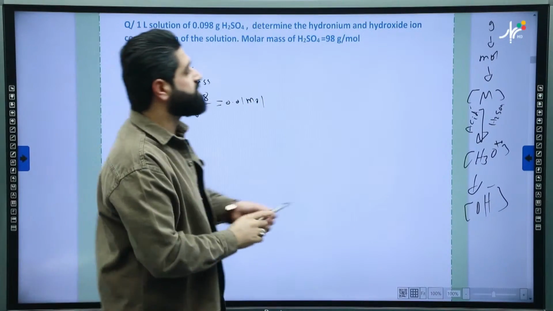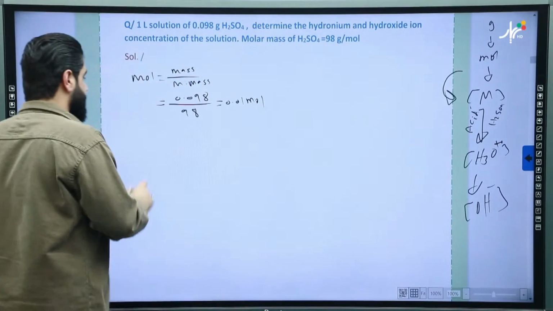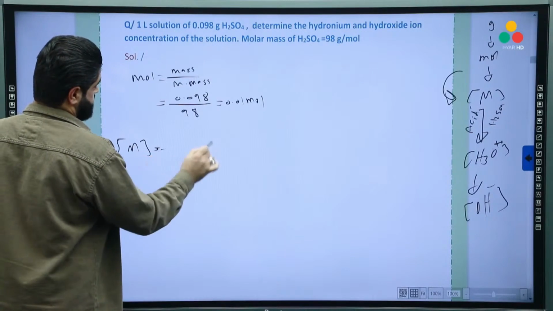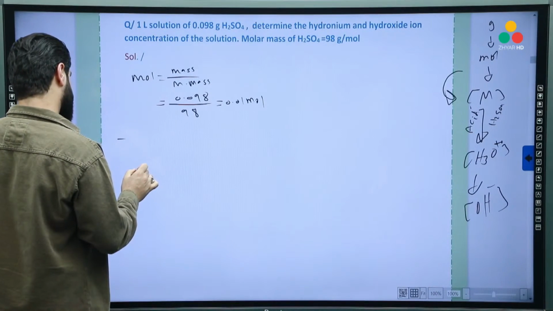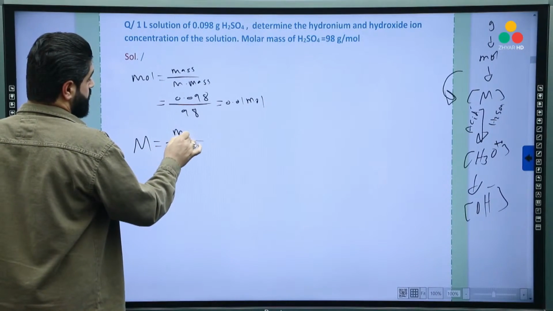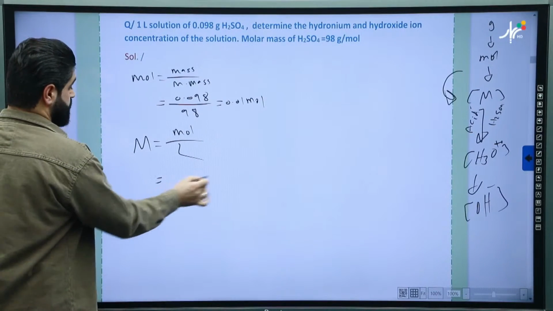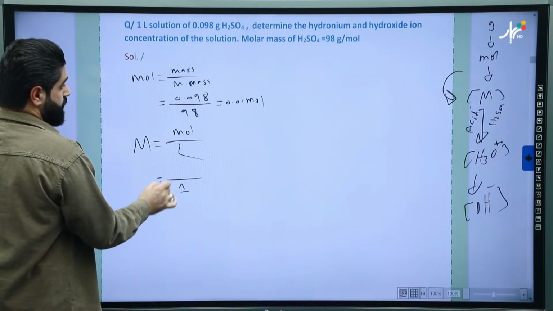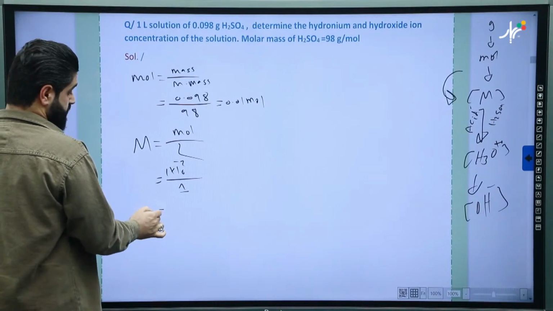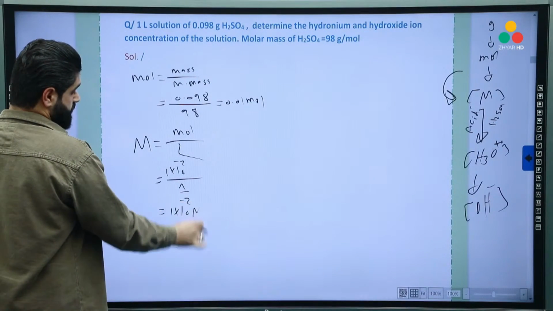Then change the number of moles into molarity. Molarity equals moles of solute per liter of solution. Liter is 1, mole is 1 times 10 to negative 2, so it equals 1 times 10 to negative 2 molar.